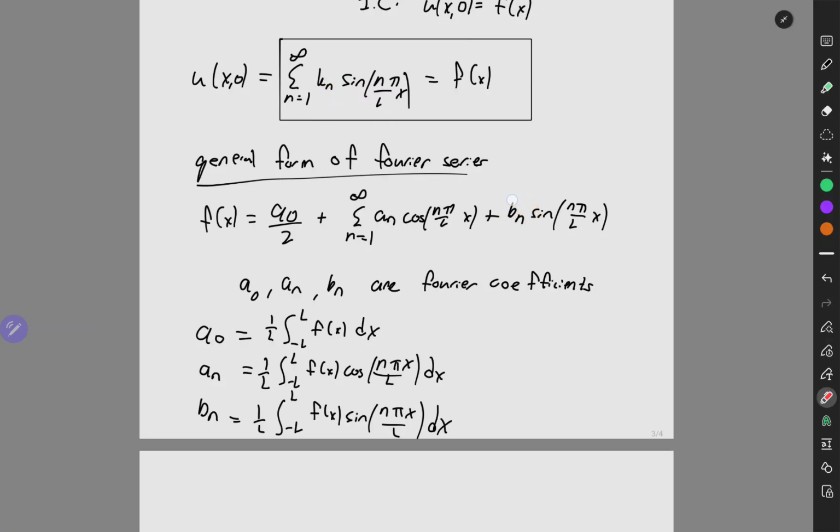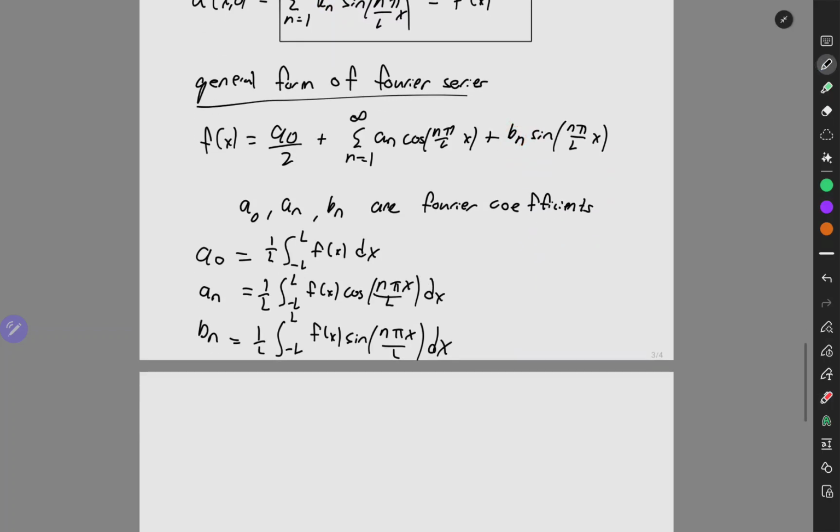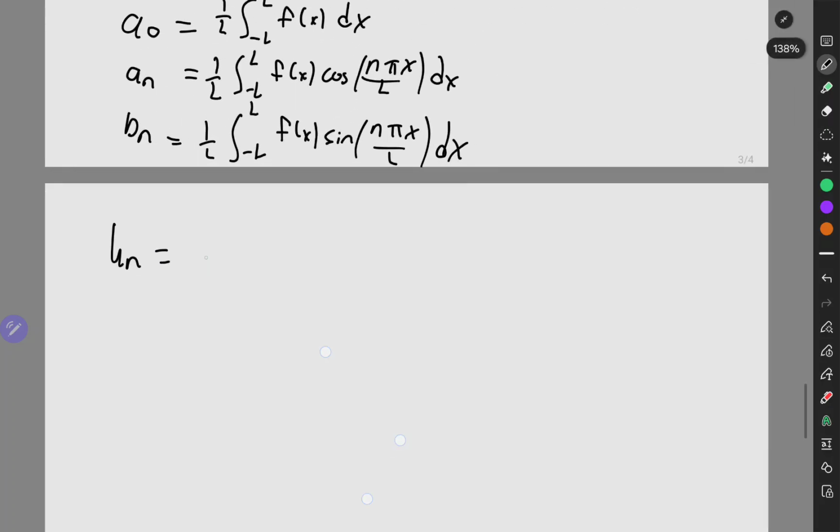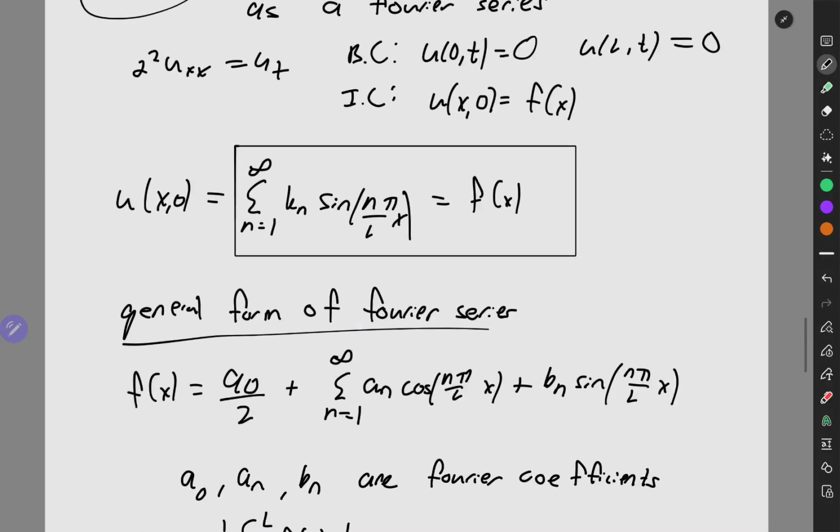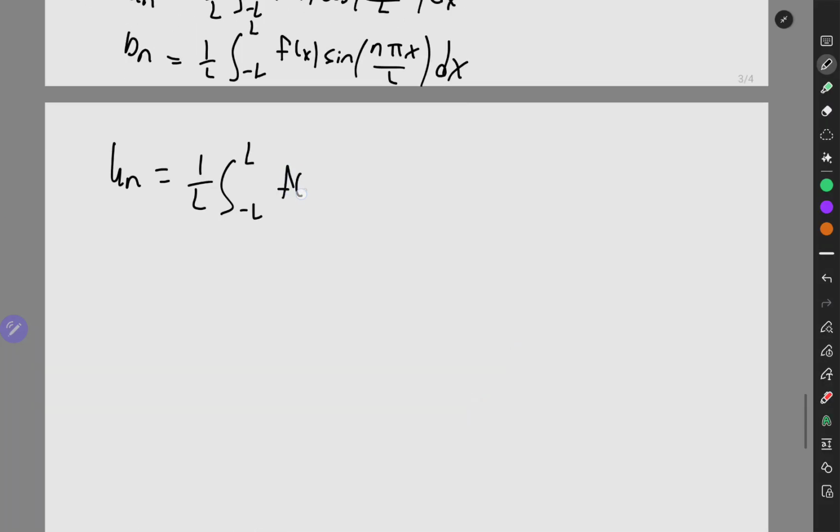So you can kind of think of k sub n being b sub n. So for this problem, our k sub n would be 1 over L integral negative L to L f of x, which is just f of x for this problem, times sine n pi x over L dx. That's the answer.